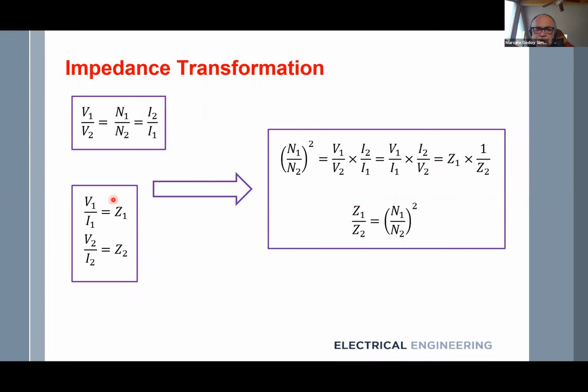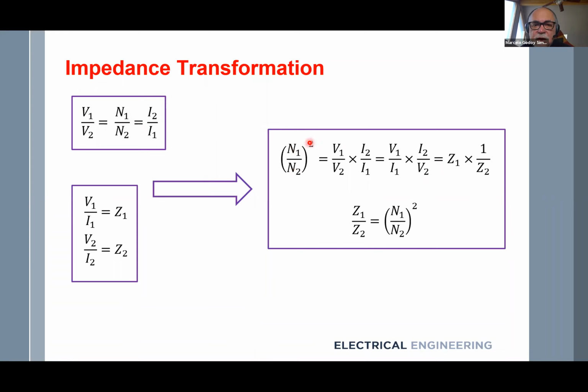Great. Now come here. Take these two boxes and let us help to understand what happens in an ideal case. Let's start from here. Let's take N1 divided by N2, which is the turns ratio, and I want to square it. Why do I want to square it? Because it's going to help me get to my formulation. So I start from N1 divided by N2 and I square.